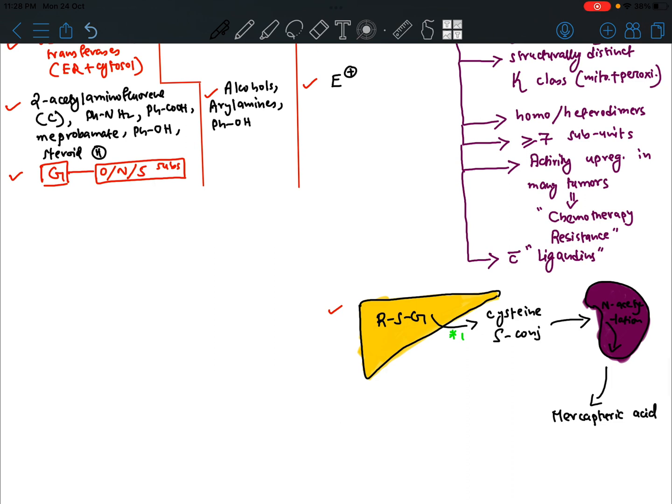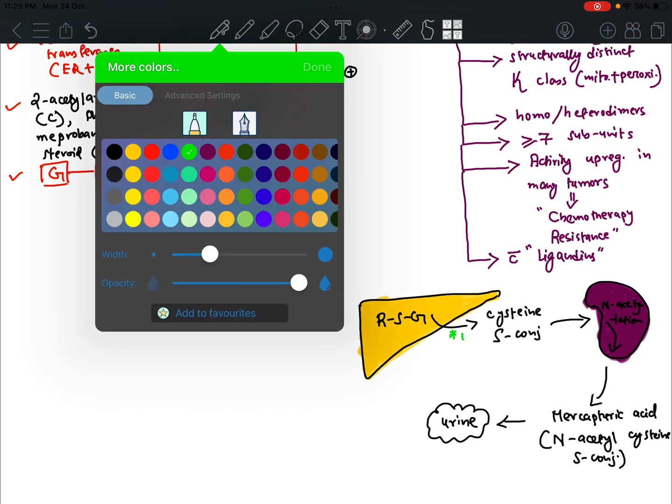Mercapturic acid is basically N-acetyl cysteine sulfur conjugate, and this is excreted in urine.